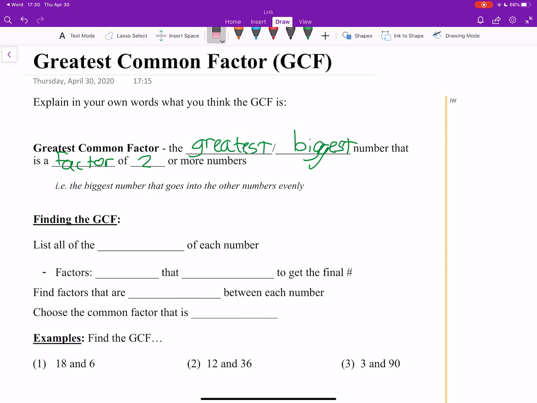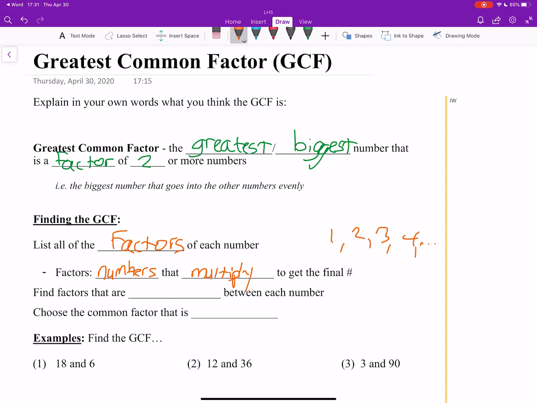So our first step in finding a greatest common factor is to list out all of the factors of each number. And you may not know quite what a factor is, so that's why I have here that factors are just numbers that you multiply together to get the final number. And we only care about whole number factors like 1, 2, 3, 4, and so on and so forth.